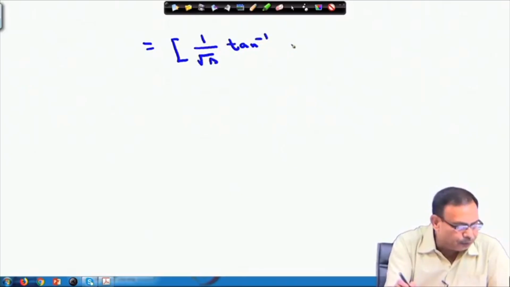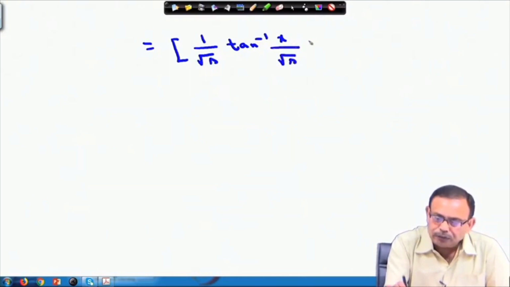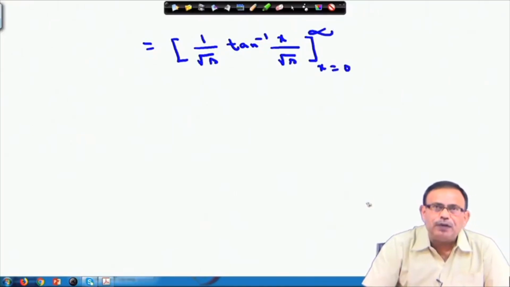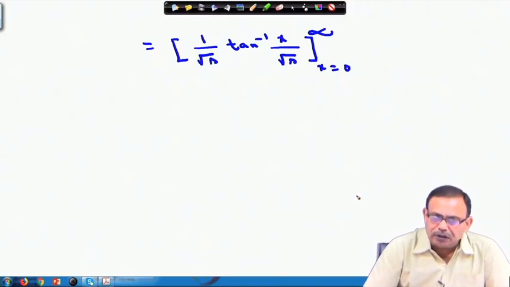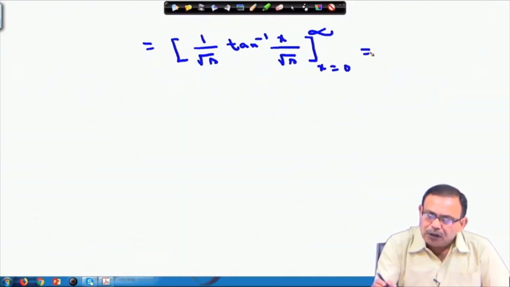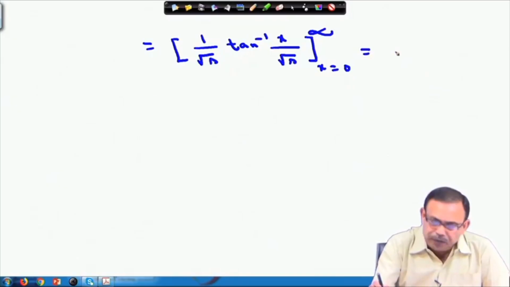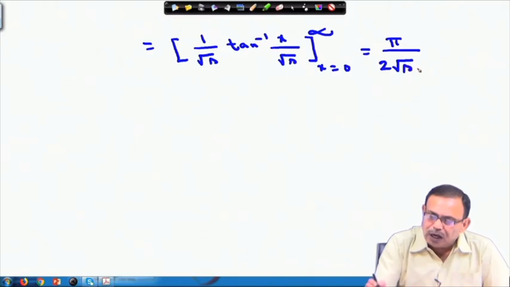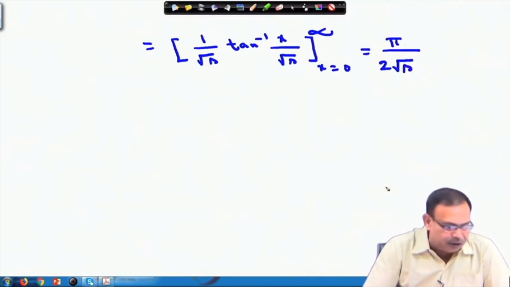Here x varies from 0 to infinity, and if I put the limiting values, ultimately I will obtain the value pi by 2 root s.